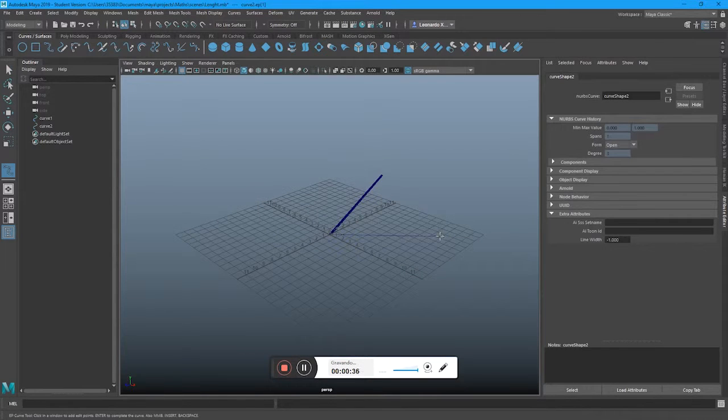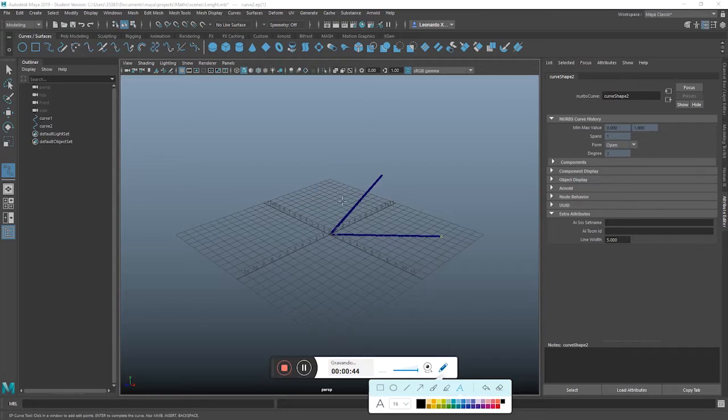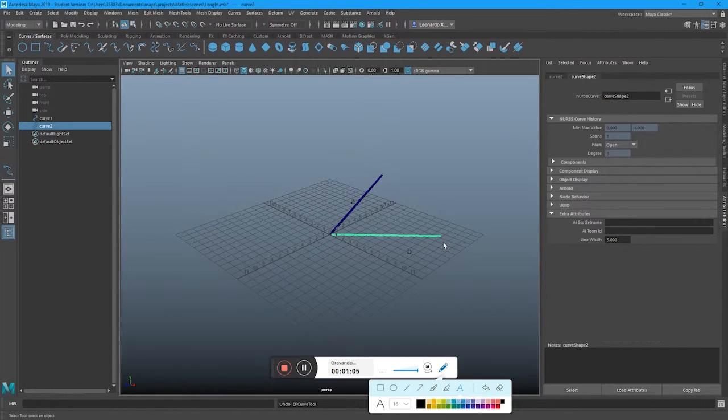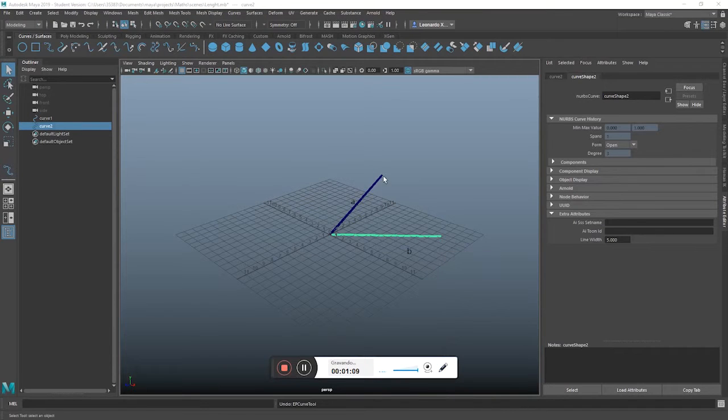This is going to be the vector B. Vector A. Vector B. Okay, so the dot product is the projection of vector A on vector B. So let me show you here.